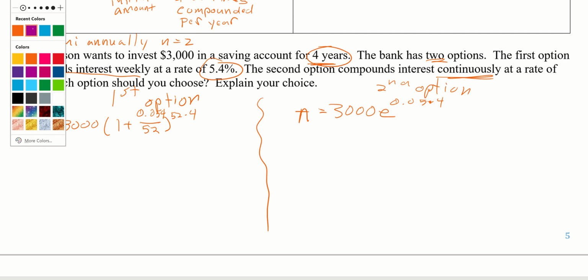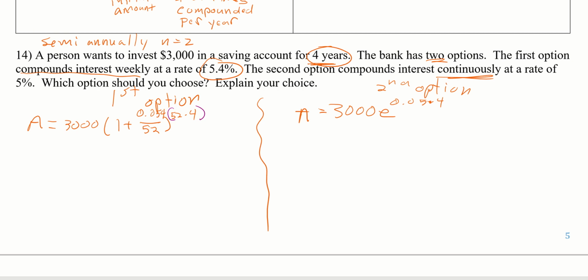The other thing here is, remember, whenever there are multiple things anywhere in the numerator, denominator, or exponent, you need to use parentheses. So we plug this into our calculator, and this one will come out to be 3,722.89, and this one comes out to be 3,664.21.